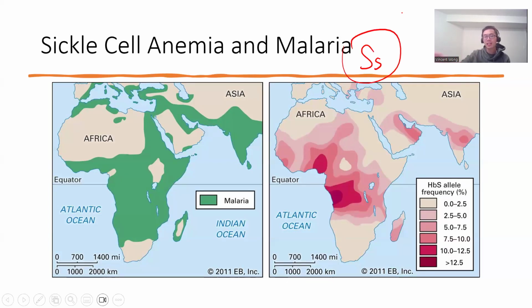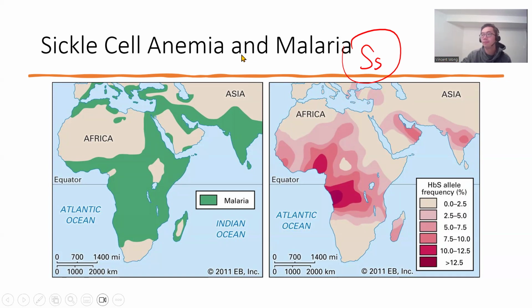If you're big S, small s, you have a little bit of the sickle cell trait, but not enough to make you sick from sickle cell anemia. So you're not going to be super anemic. You're pretty much normal. However, because one copy is the sickle cell shape, it also gives you protection from malaria. So you get benefits from both of the phenotypes.